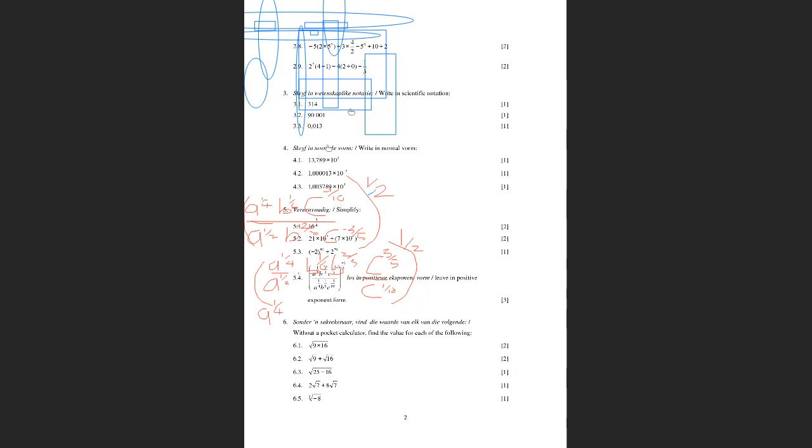Sir, the 1 over 2 is supposed to be negative, not positive. Come again. The negative 1 over 2 on the second step.